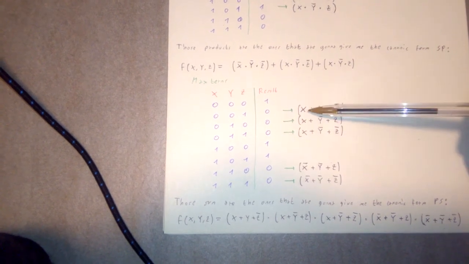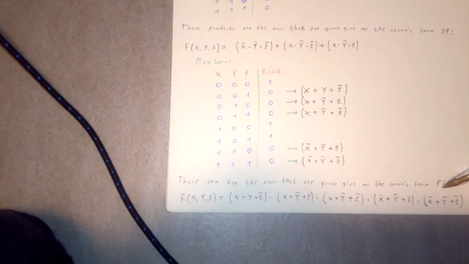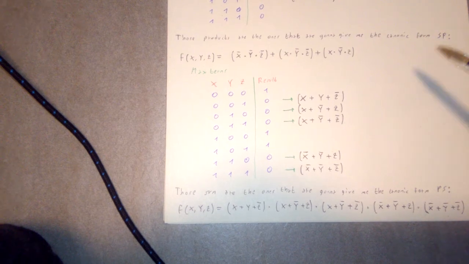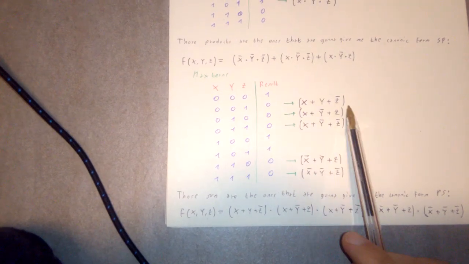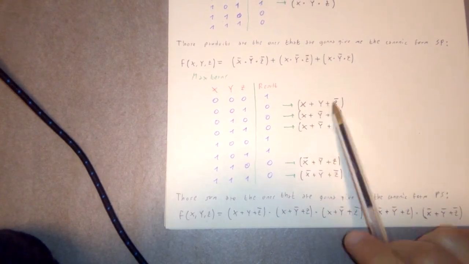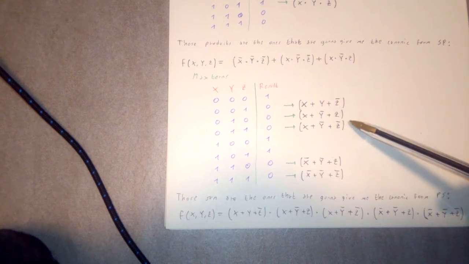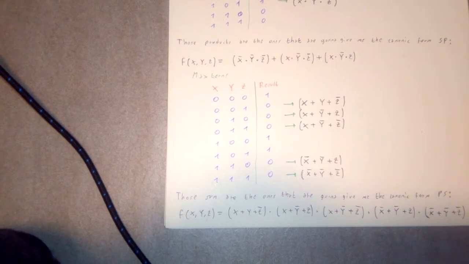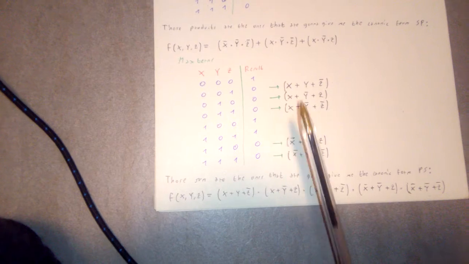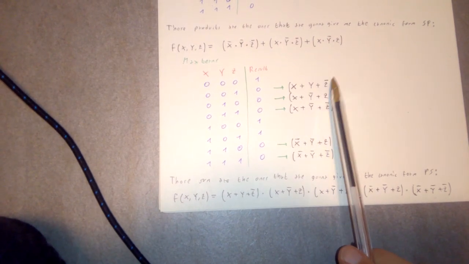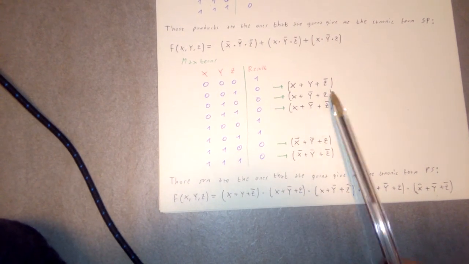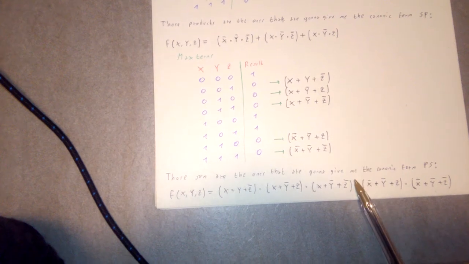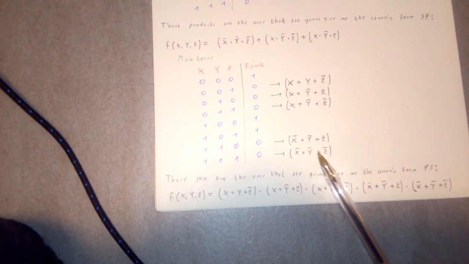And the Maxterm uses the product of sum representation. So you're going to add them together, and then once you get the expressions, you have to multiply all of them together. So you get the final expression, which is the first one, times the second one, times the third one, times the fourth one, times the fifth one.